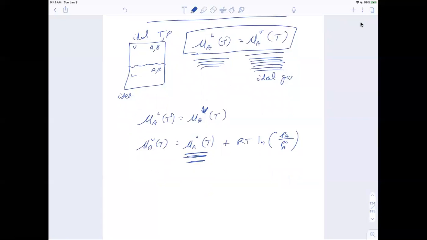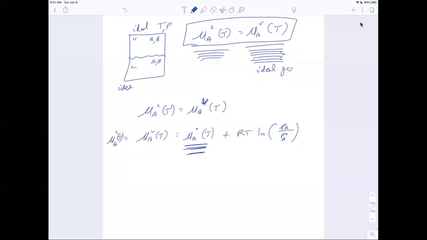Okay, so that's great. And let me just remind you that this mu A vapor is equal to mu A in the liquid. But this is great. Remember what we said about the ideal solution. We said that PA, the partial pressure of A, is related to X of A times PA vapor, the vapor pressure of A. Remember, this was Raoult's law.